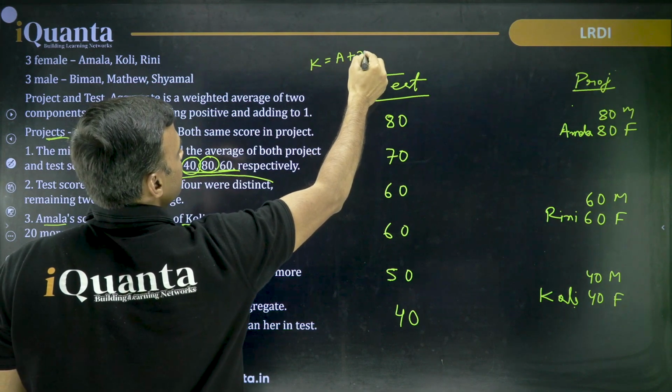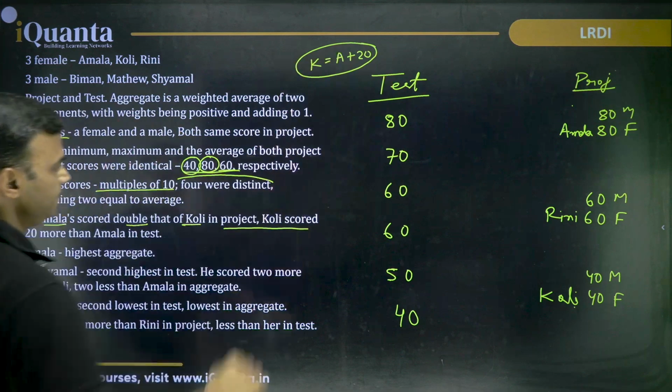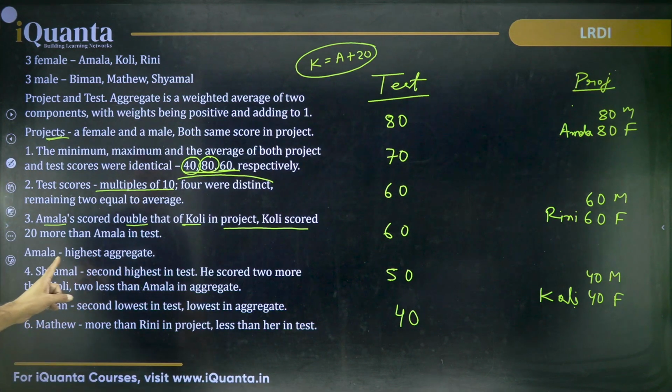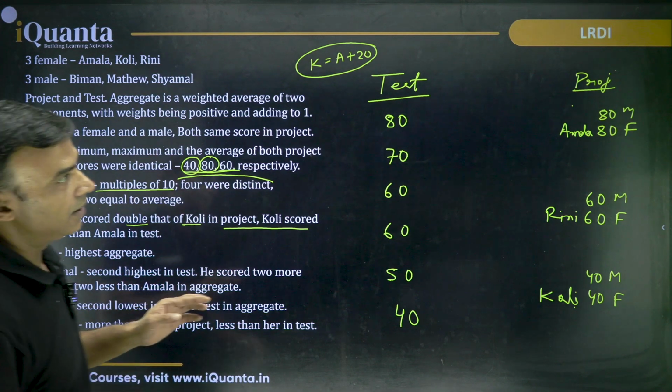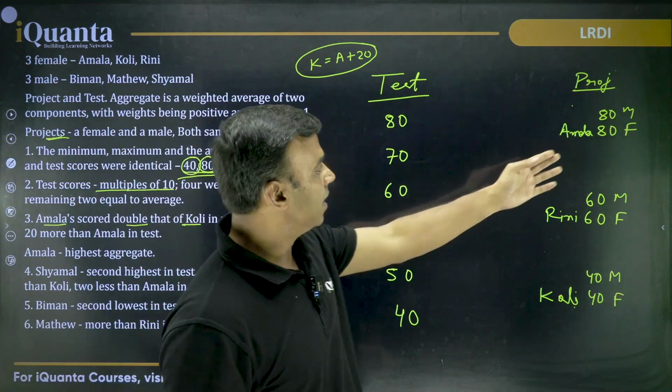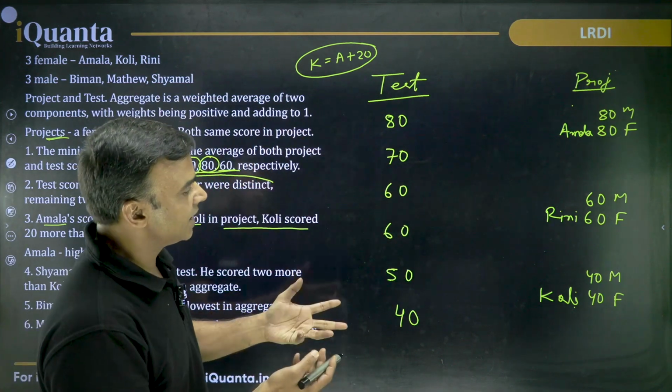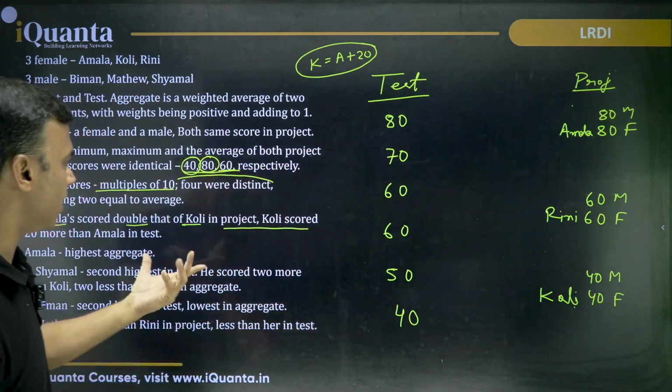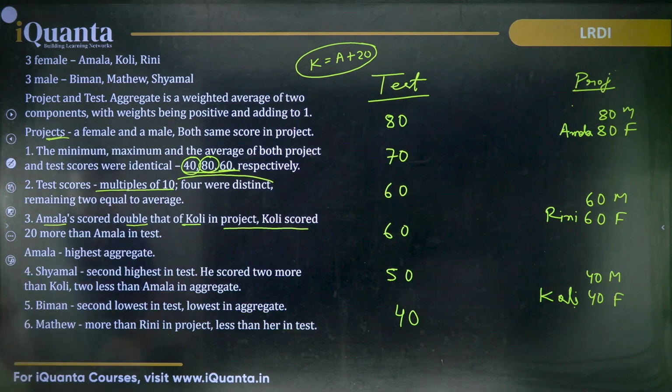Let it be here. Okay? Now, what is the next information that we have? Amla has highest aggregate score. Oh, so one thing is very clear that if Amla has 80 here, then here also it should be slightly higher side only. It cannot be the lowest. But yeah, still nothing clear from here.